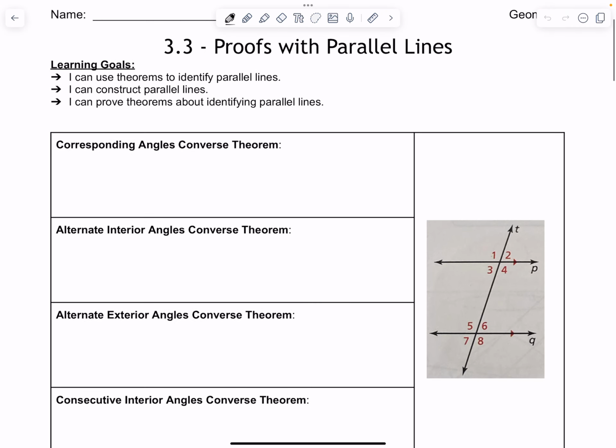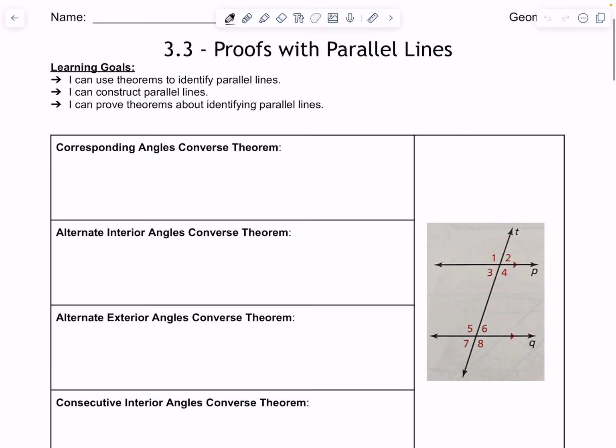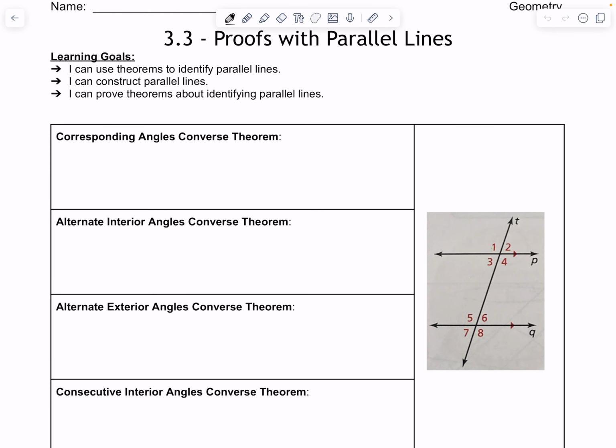All right, guys, in this video, I'm going to go over some of the converse theorems. So again, thinking about that word converse from our work with conditional statements, they're just going to trade positions from when we did this in the last section. So like in the last section with corresponding angles, the corresponding angles theorem, we said if two lines are parallel, then corresponding angles are congruent.